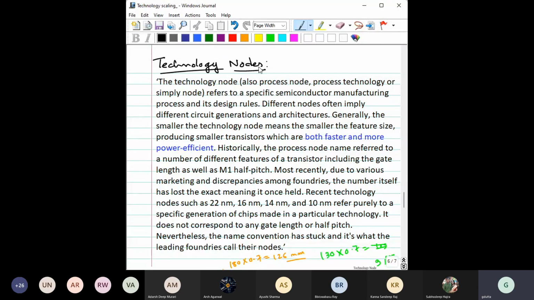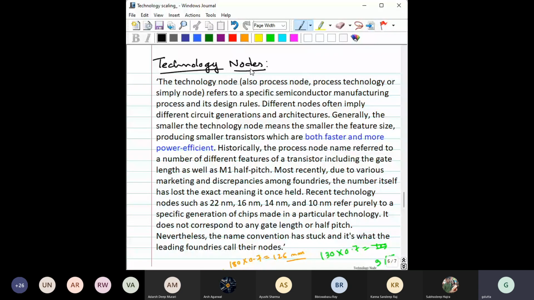It is 22 nanometer technology in mobile phones. Snapdragon processors are using 10 nanometer technology, 7 nanometer technology, right? And as the number becomes smaller and smaller, that gives an impression in our mind that our processor is very fast, right? That is the impression. Now let us try to understand what we mean by technology node.